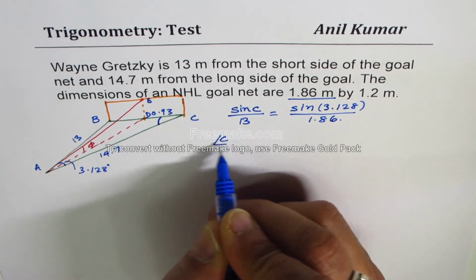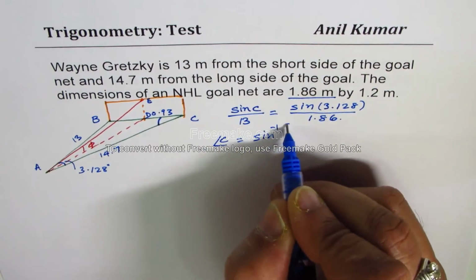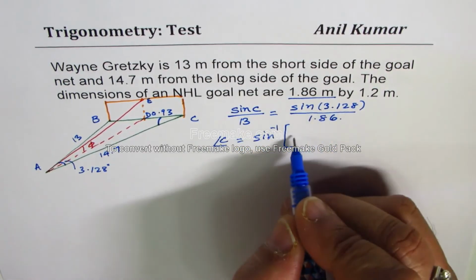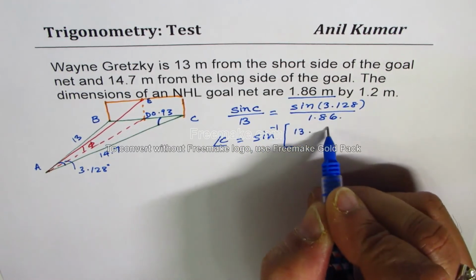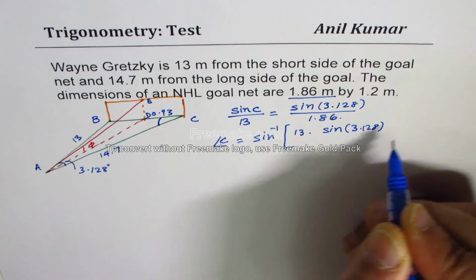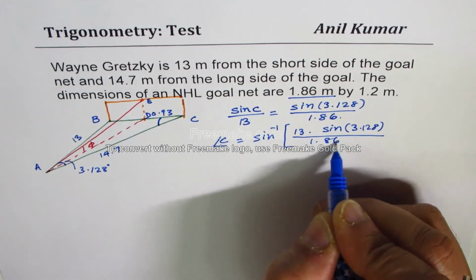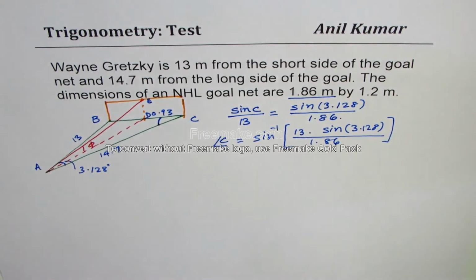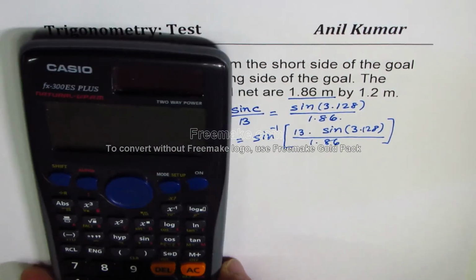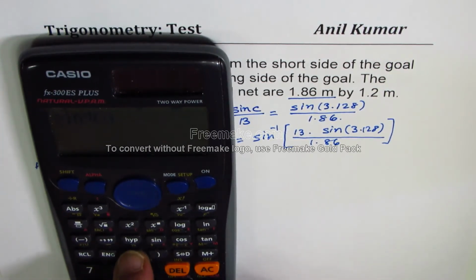So angle C is equal to sine inverse of 13 times sine 3.128 divided by 1.86, correct? So let's figure this out. Now this time we have shift sine inverse, 2 brackets as we did earlier.